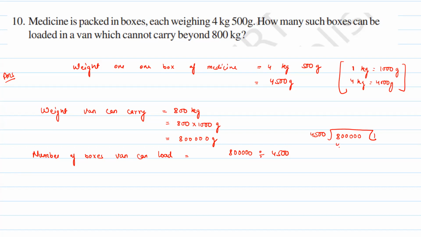So ones are 4500, subtract, it is 3500, 10 will come down. Now how much will it go by? Should it be 35,000? 7. Let's see, 7 5s are 35, 7 4s are 28, 31.